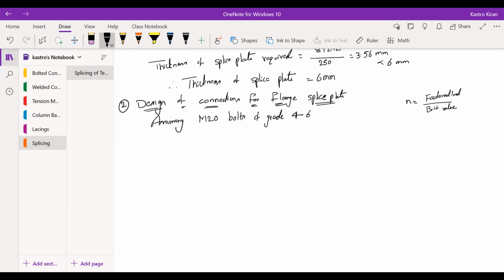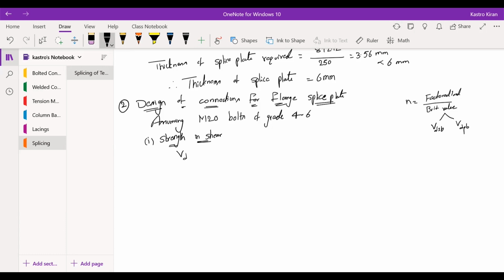So let's find out this bolt value. So bolt value is actually the least of strength in shear, that is VDSB, and strength in bearing, that is VDPB. Okay, let's find out these values. So the first thing is strength in shear.